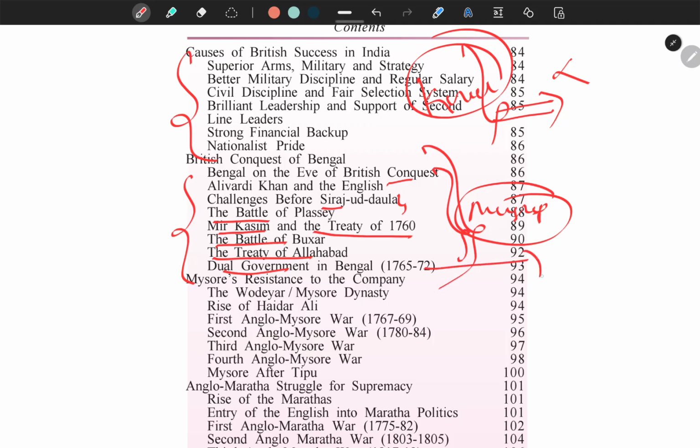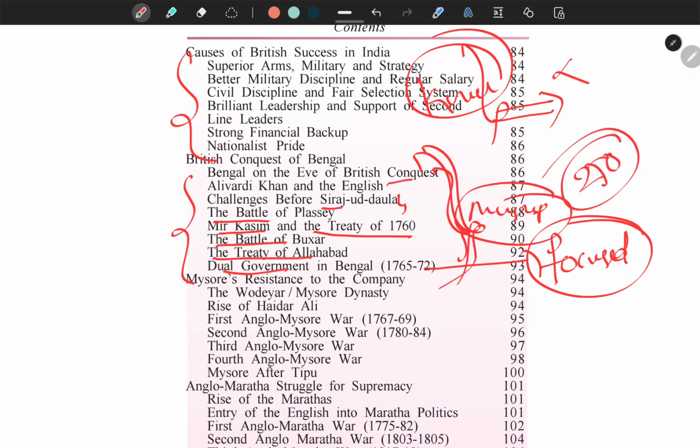They make a preparation in a focused manner, not in a bookish format. Okay, then you have to mug up at any point of time. If anybody asks, tell me the impact of Battle of Buxar for mains, you have to write the answer for 250 words. If you are able to write the answer for 250 words, then your job is done.